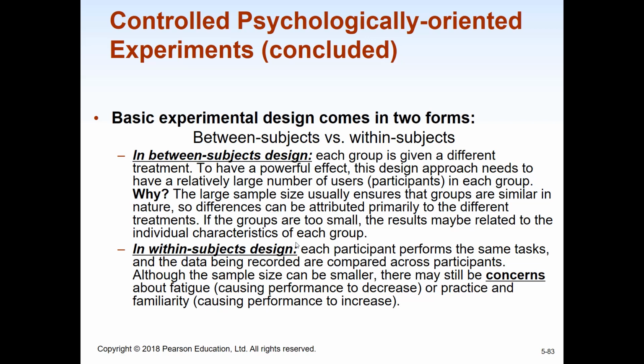So the same tasks with one participant, for example, are compared with the rest of the remaining participants. Although the sample size can be smaller here, there may still be concerns about fatigue, tiredness, causing performance to decrease over time, or practice and familiarity, causing performance to increase.